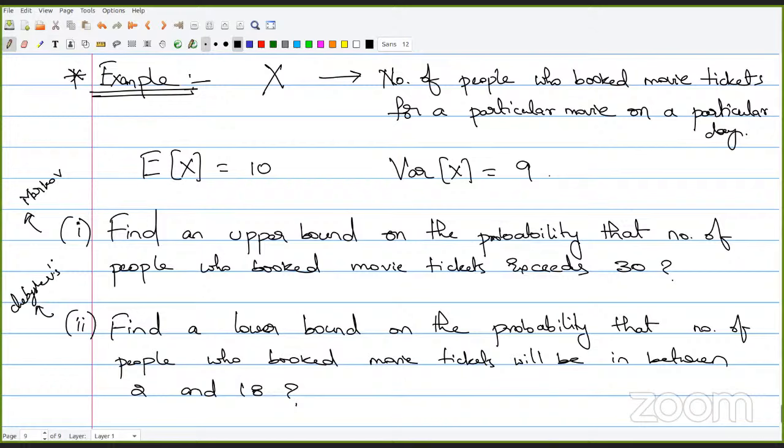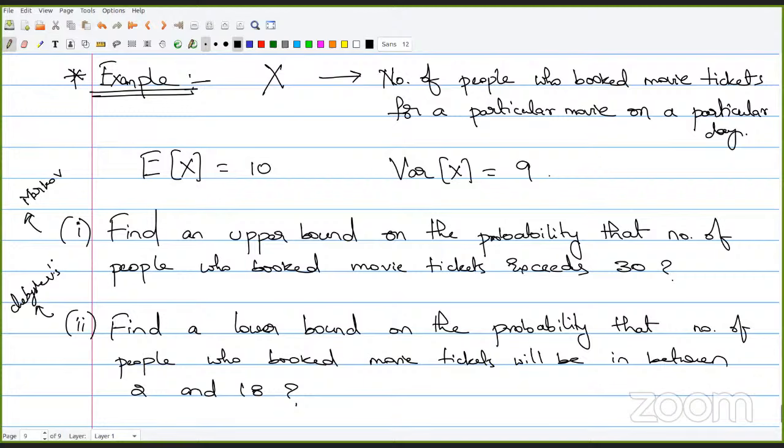The expected value of X I have given directly, but in a question it may be like the mean of this movie booking is 10, or on an average 10 people will book movie tickets for a particular day. Mean, average, everything resembles expectation, and with a variance of 9.